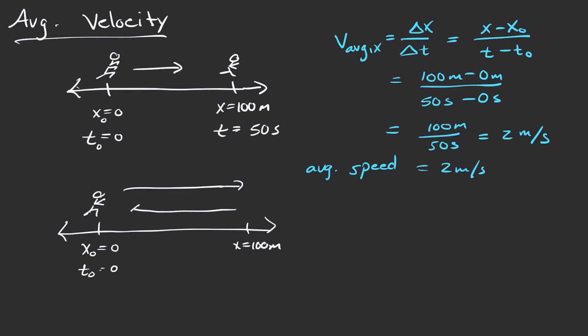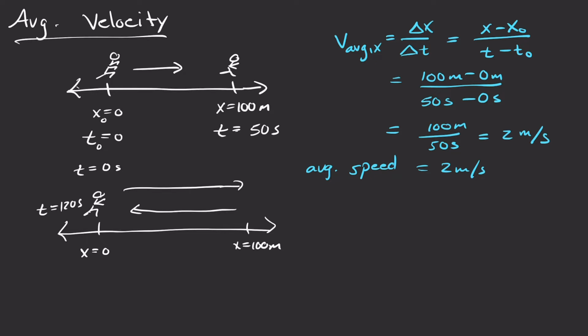Then we're going to turn around and go back to 0. Maybe I write it this way. We start at time equals 0 seconds, and then we get back at time equals 120 seconds.